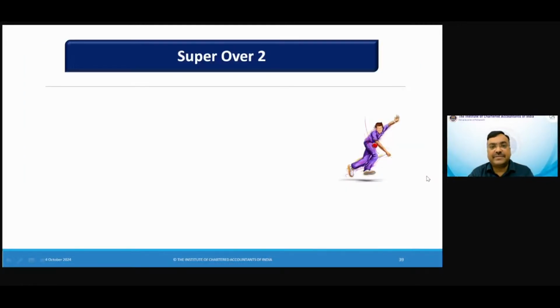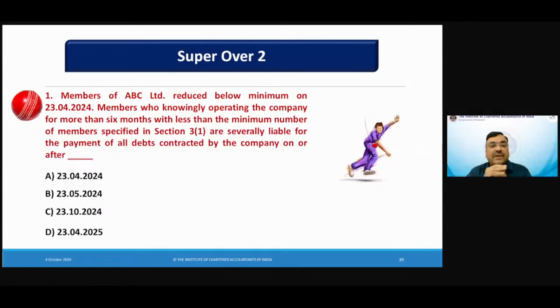एक बार रिवीजन हो जाएगा इससे आपका. Members of ABC Limited reduced below minimum on 23rd April 2024.